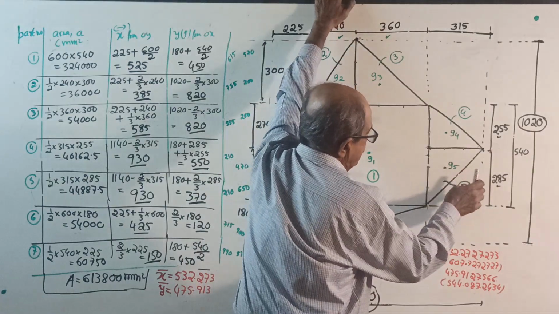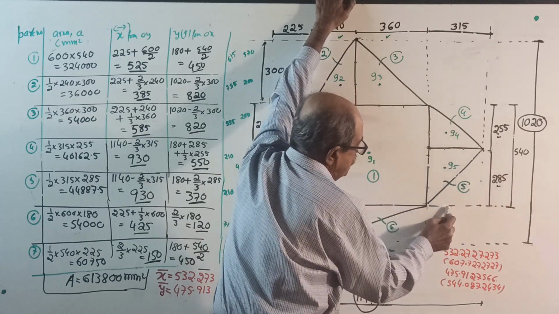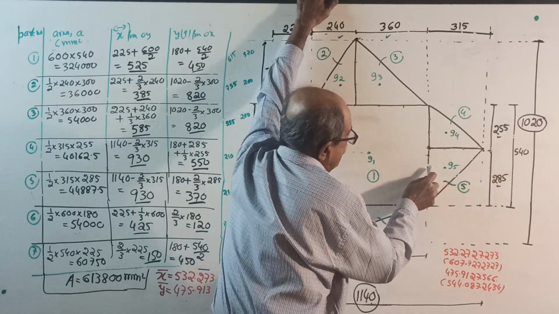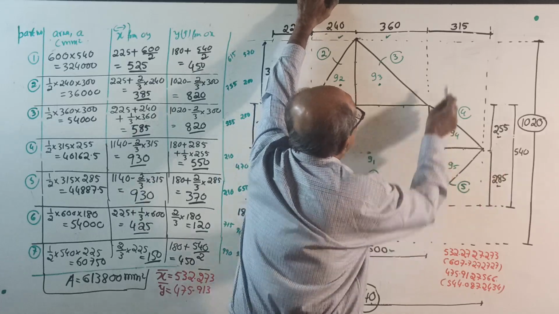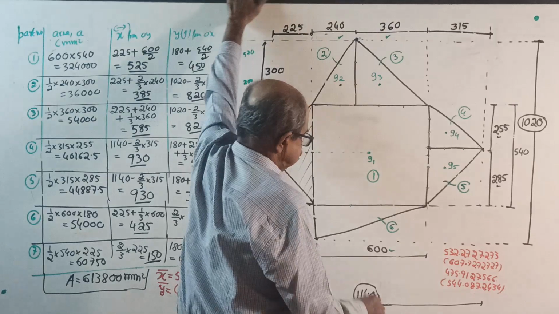This centroid, G5. 1 by 3 of 285, 2 by 3 of 285, and this way. 1 by 3 of 315, 2 by 3 of 315.